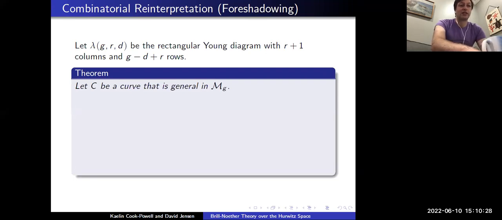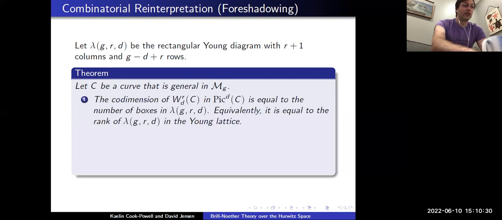So you take a sufficiently general curve in MG, then the codimension of WRD in the Picard group is just equal to the number of boxes in that rectangle, right? Or equivalently, it's equal to the rank of this partition in the Young lattice, because the Young lattice is the lattice where the elements of the lattice are partitions, right?